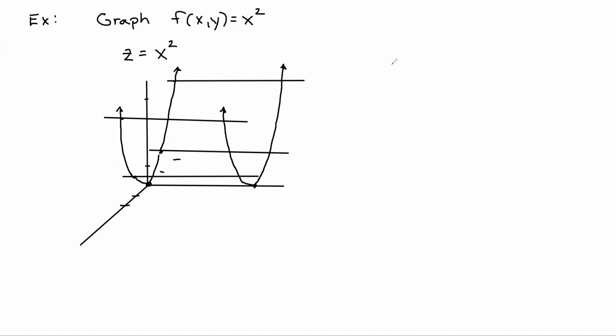I think there's room right here on this page. So we could do f of x, y equals 4 minus x squared minus y squared. And again, your first step is just to replace f of x, y with z. Z is our output variable.